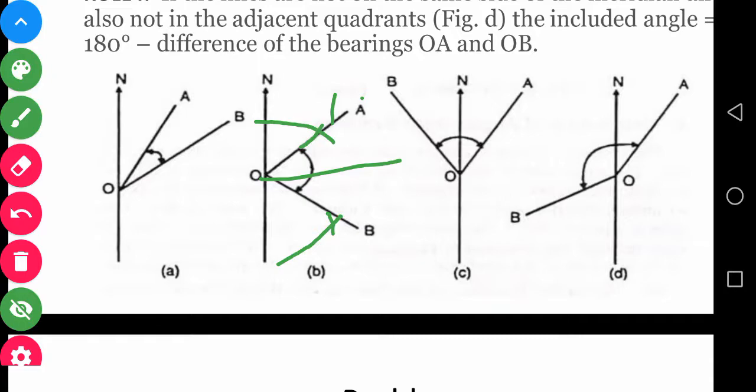Now what is our concern? We need to find this angle. As we know, the total from here to here is 180, and we have already found these bearings. So to find this angle, we simply deduct the two bearings of OA and OB from 180, and that will give this included angle.